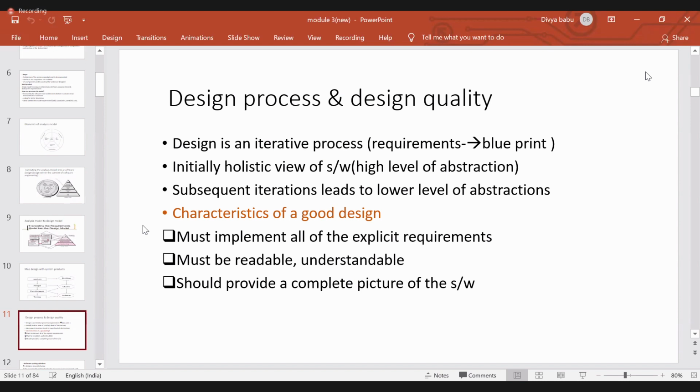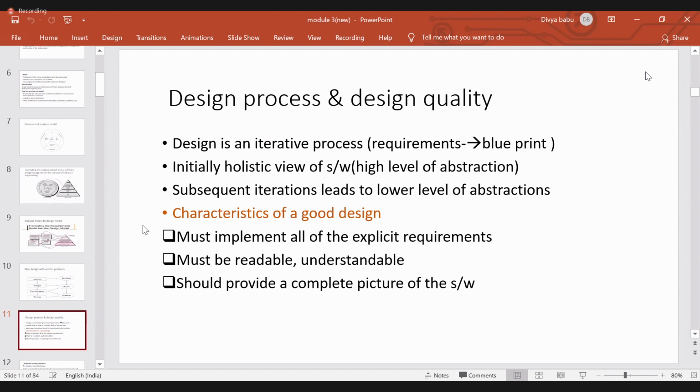If you show the internal details to the customer, he doesn't understand anything, the diagram is very complex, and it creates confusion. We should consider at what level he can understand, and not disclose everything. So abstraction is a very important thing in design, analysis or coding. The level of abstraction is very, very important.